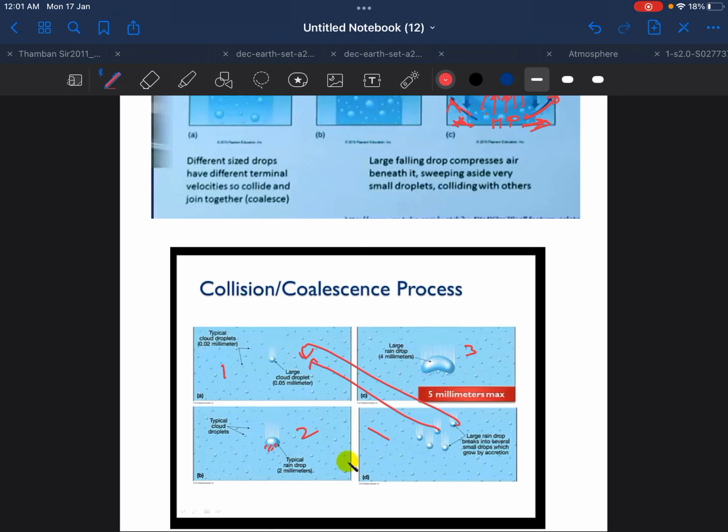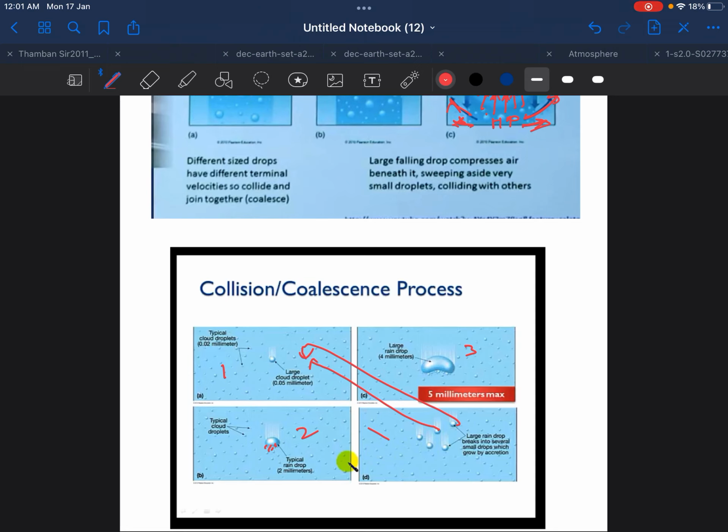By the way, this collision coalescence process is different from Bergeron. Over there there is more growth on the ice crystal as compared to the water droplet, while over here there is more growth on the water droplet. Again you can compare that the Bergeron process occurs in cold clouds where the temperature is less than 0 degrees Celsius throughout, and those clouds have ice crystals and supercooled water droplets.